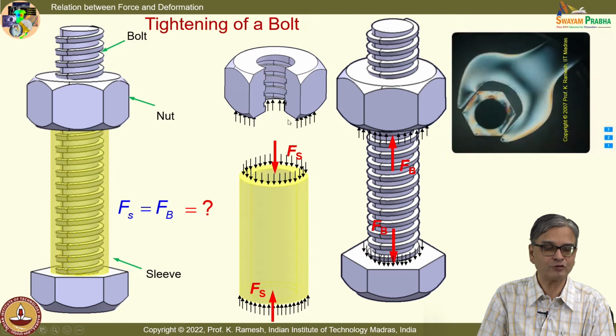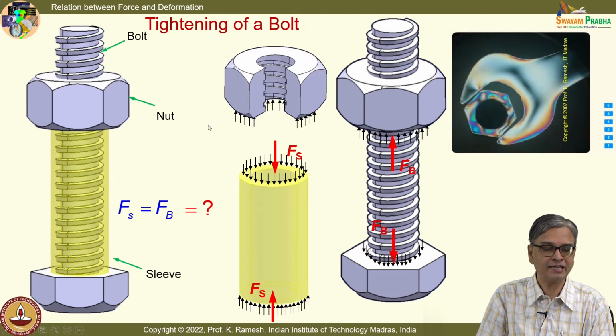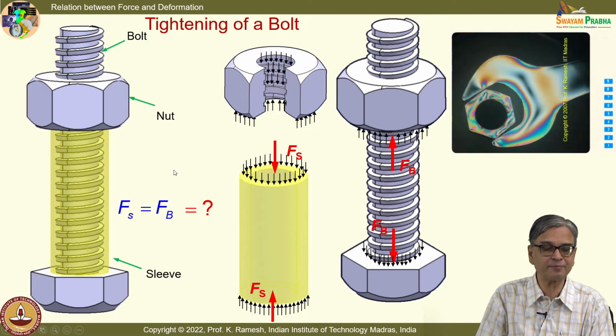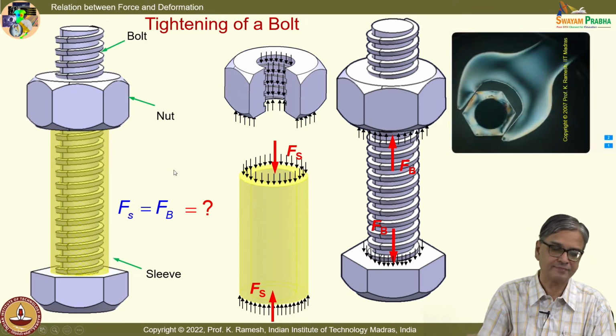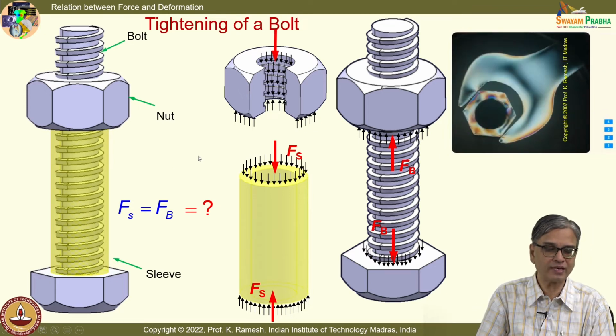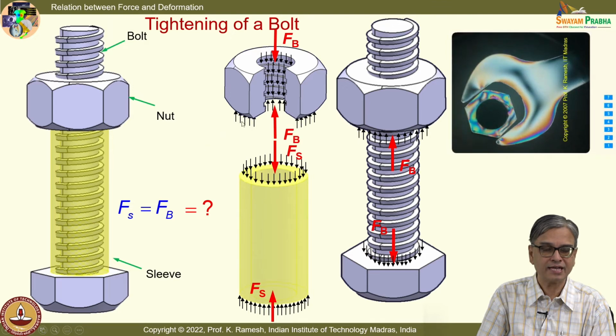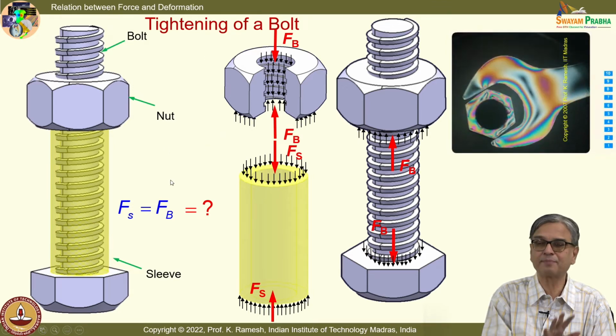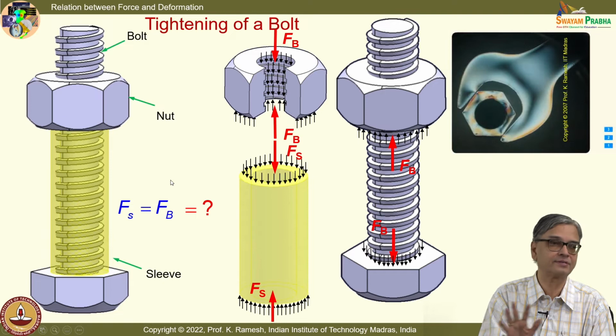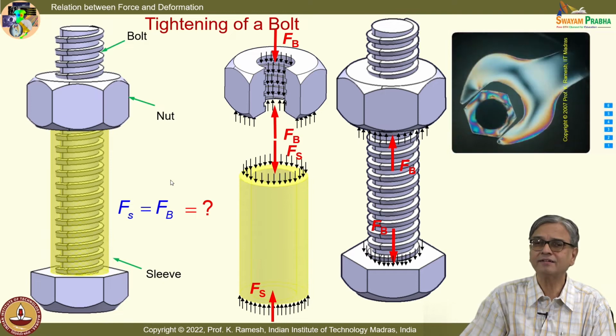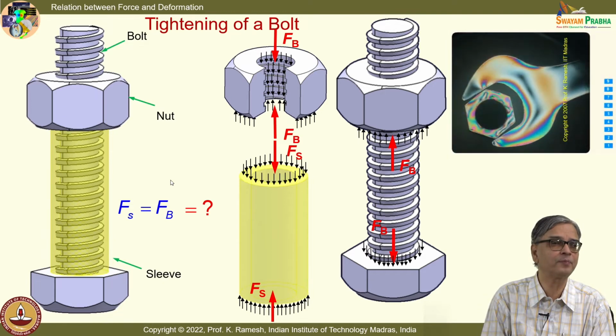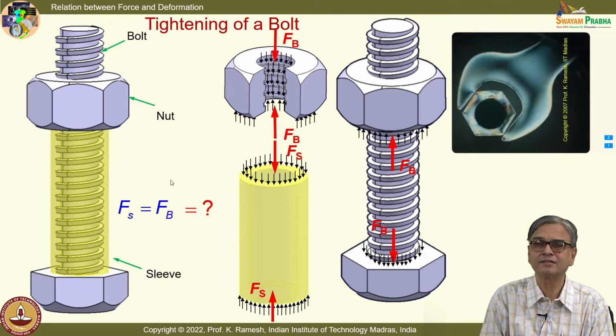So, I have forces acting on this, and then you will also have resistance developed on the threads. So, this also you can visualize as Fb, and this is what happens when you look at all the subsystems. What is missing here? I have not put one important force.